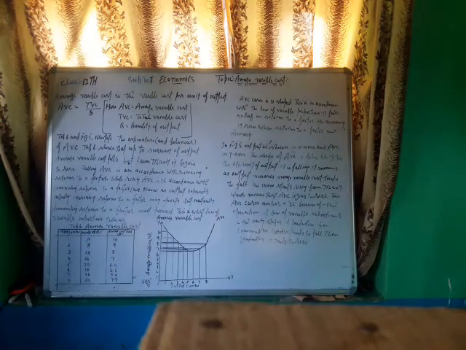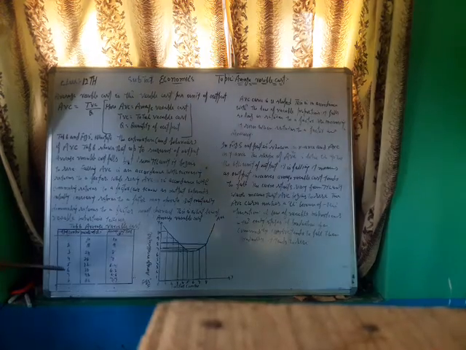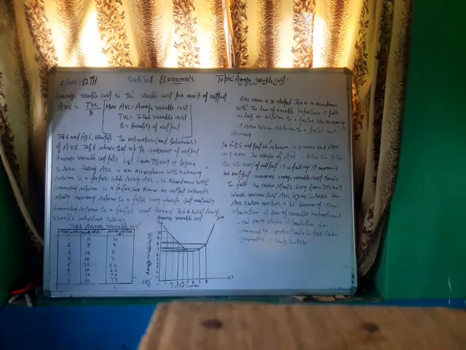Table 6 shows that up to the 6th unit of output, average variable cost falls.